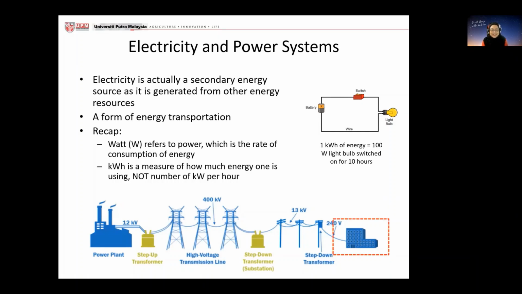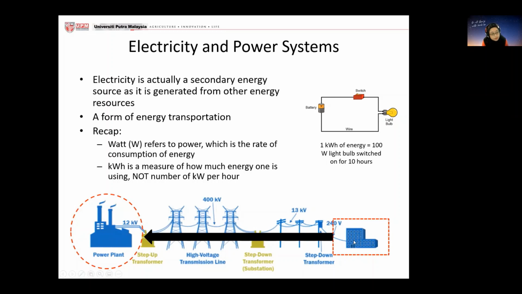But basically, we have to think back to what we are using. Imagine this is a house. And actually it goes through a number of different systems, from the source, which is the power plant.